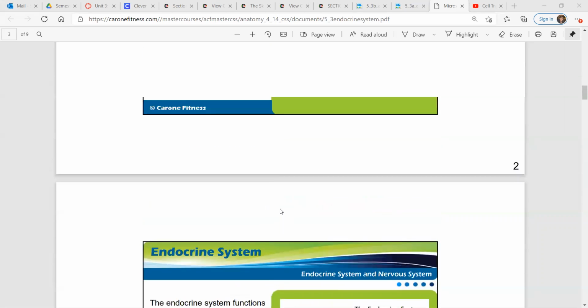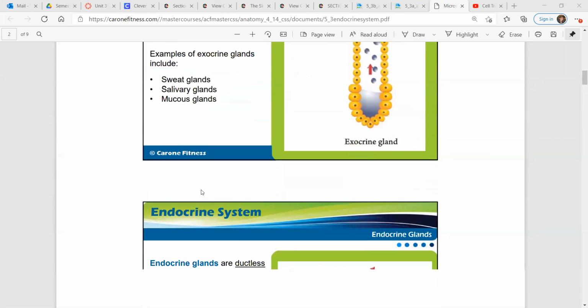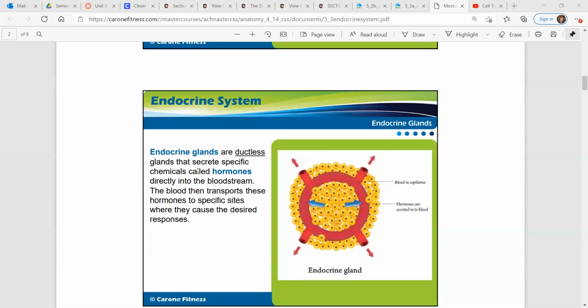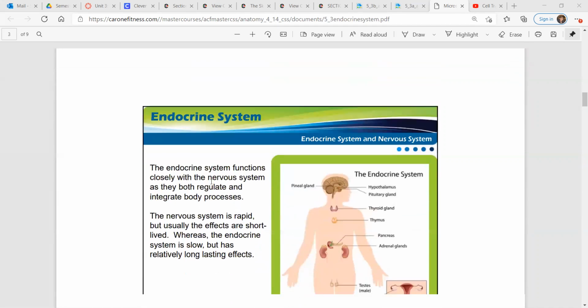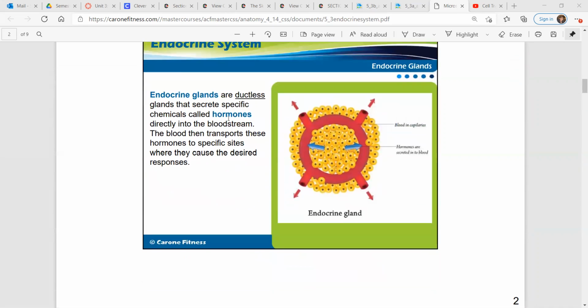So just be careful to keep those separate in your head. You can know that exocrine glands have ducts and endocrine glands are ductless and they secrete hormones into the bloodstream. Think of endocrine as into the bloodstream.